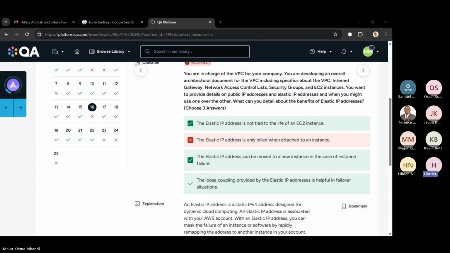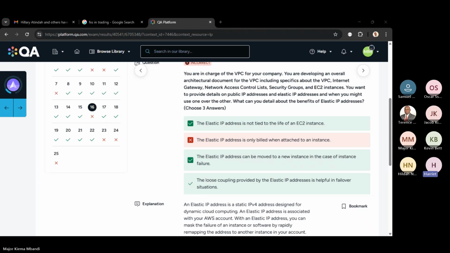Okay, and I'm happy that I got this question because at the time I joined, I knew that answer was wrong. It says you're in charge of the VPC for your company. You are developing an overall architectural document of the VPC, including specifics about the VPC, internet gateway, network access control lists, security groups, and EC2 instances.